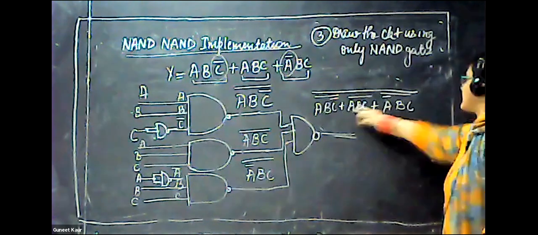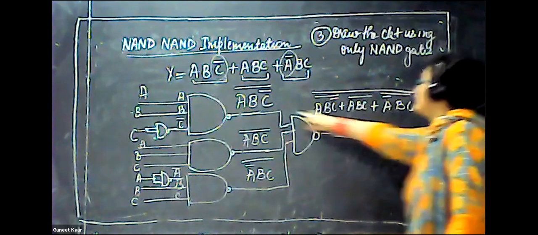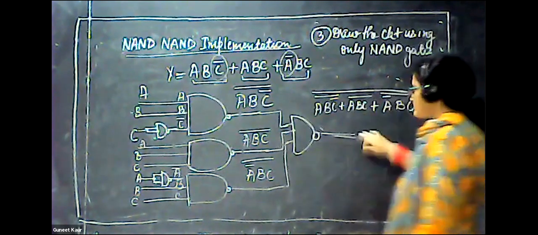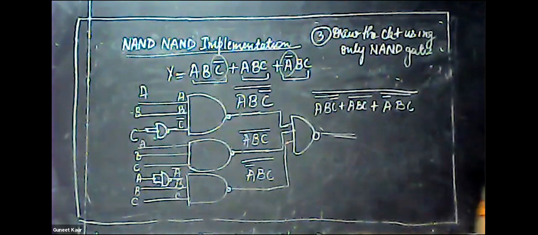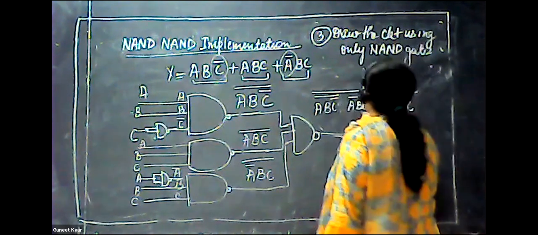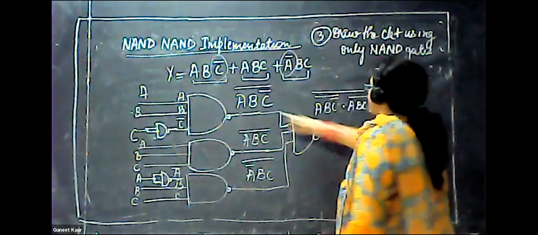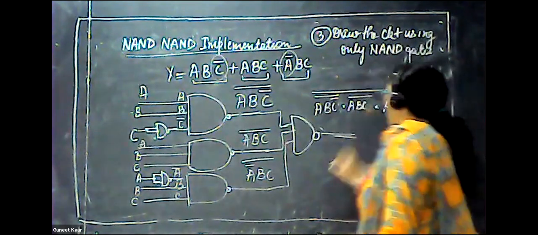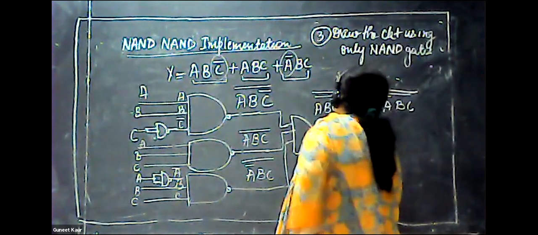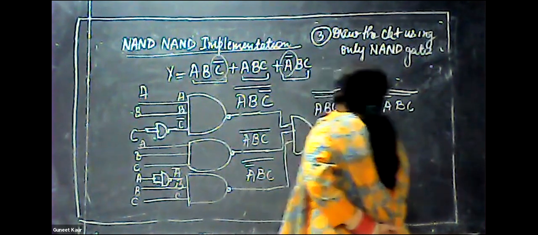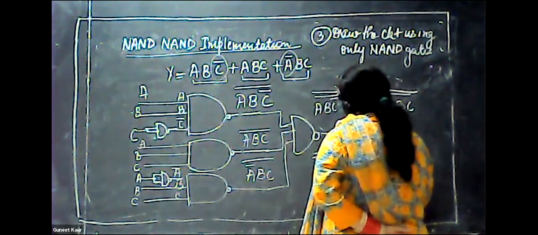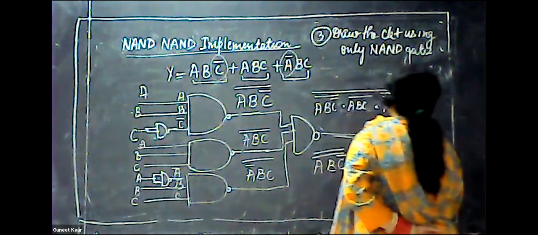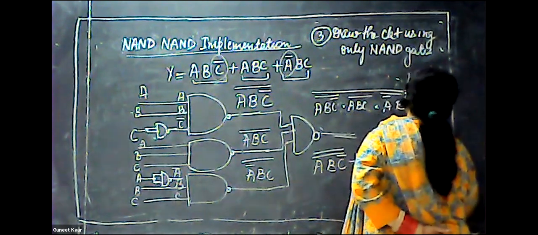Multiplication of these. So in the last, you will get the multiplication of these three terms and over bar. Now if you break the bar, you will get the same expression: ABC bar double bar plus ABC double bar plus A bar BC double bar.